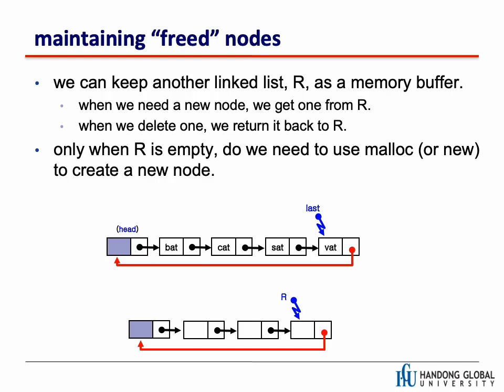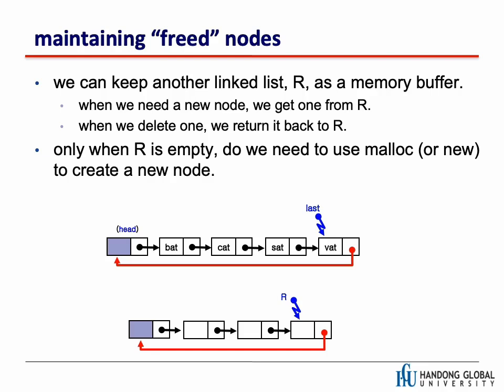Then we just inserted a new node between bed and cat. At the same time, the head of the memory buffer should point to the second node, so we added a new node to our list and removed one node from the memory buffer without any memory access. That's perfect.